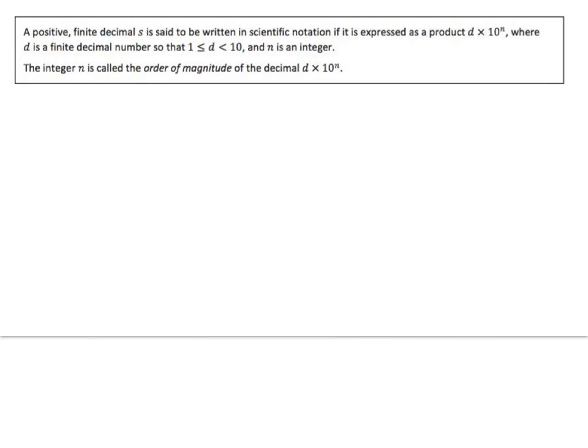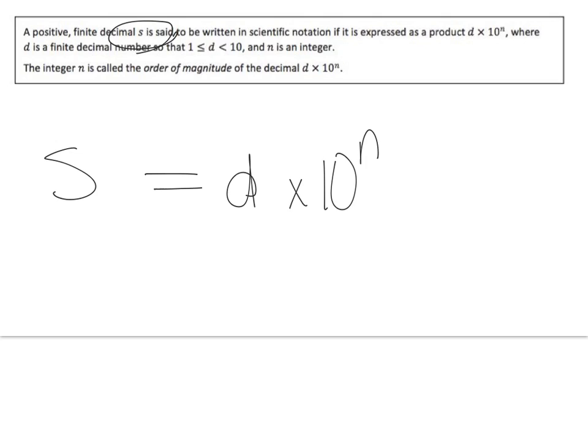Summarizing, a positive finite decimal S is said to be written in scientific notation if it's expressed as a product d times 10 to the n, where d is a finite decimal.